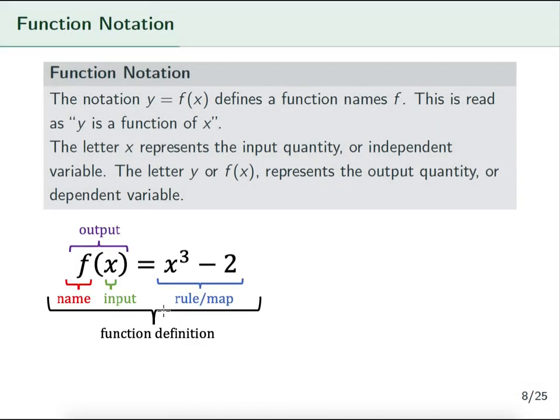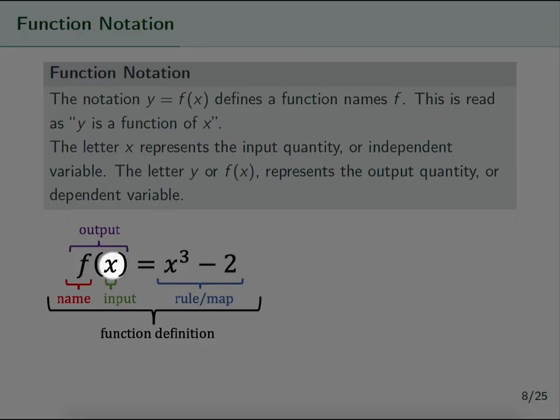If you look here, this is an example of a function: f of x equals x cubed minus 2. The x in parentheses represents the input variable, the input quantity. So we're using x to represent a varying input quantity. And this f is just a name. Sometimes we use f, g, h, v, any letter or any symbol we want to name the function. So we can call this function f.